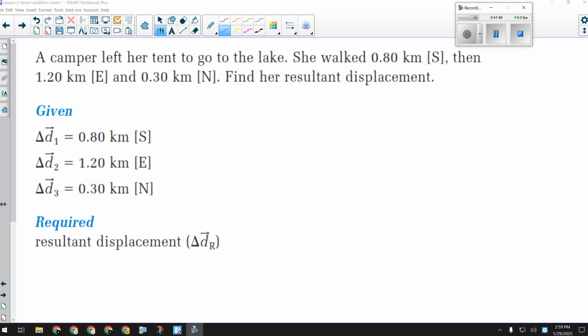So what the person does first is walk 0.8 kilometers south. All right, so I'm going to go 0.8 kilometers, that's south. Then they go 1.2 kilometers east.